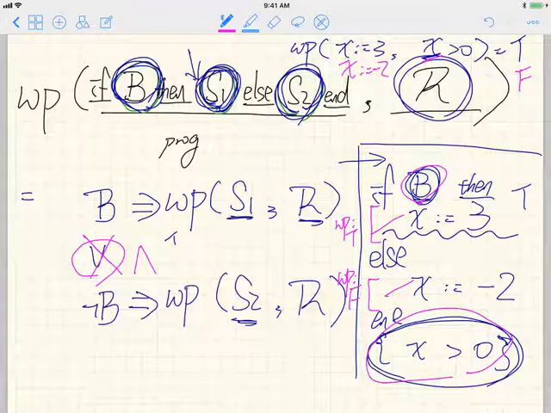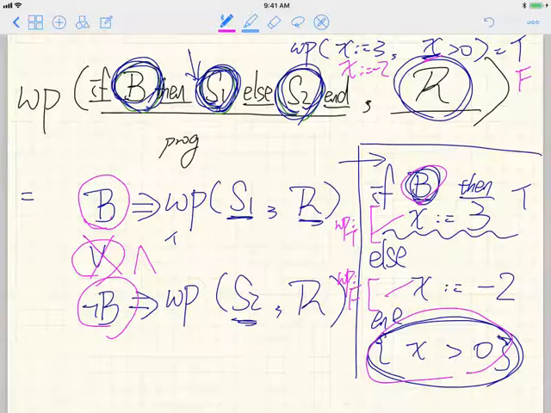So that's the rationale behind why you want to do conjunction over here. I want to make sure not only that the first branch can establish the postcondition, but also that the second branch can establish it. So both. And you should also notice that the important thing is we should put some antecedents over here to say that if I can reach the first branch, that means B must be true.